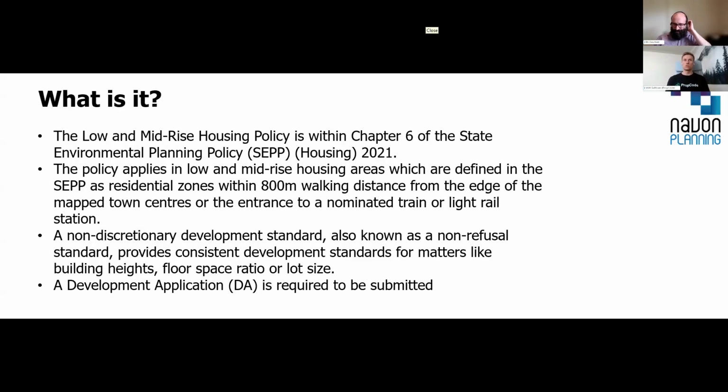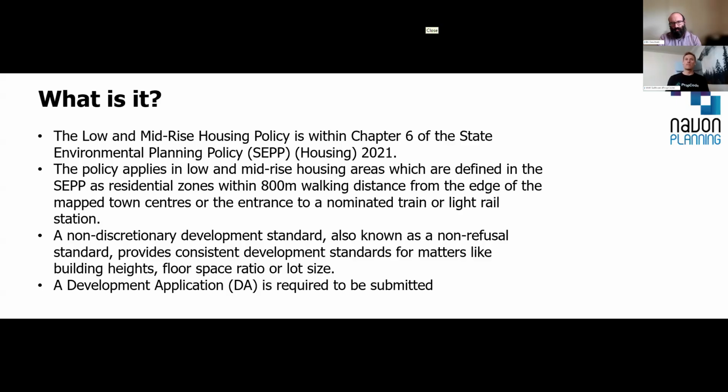So what is this policy that everyone's been excited about on LinkedIn, in the media, in the news? What is it actually? It's a piece of policy that's not a new SEPP, not a new state policy per se. However, it comes under the banner of the Housing SEPP, under Chapter 6, sorry.